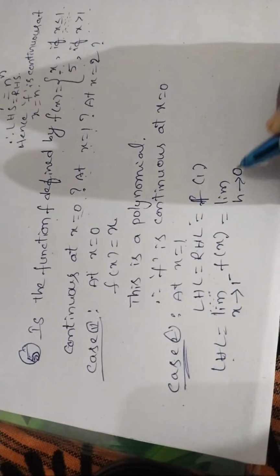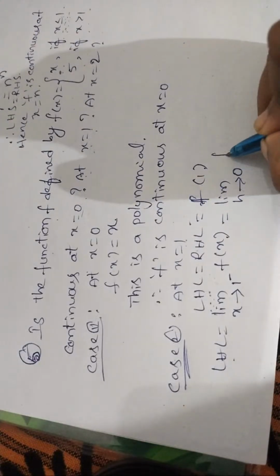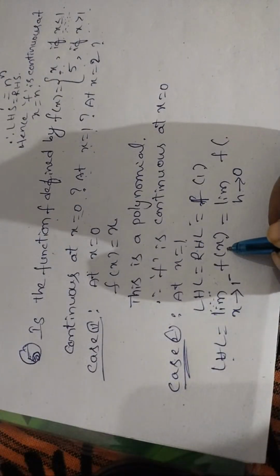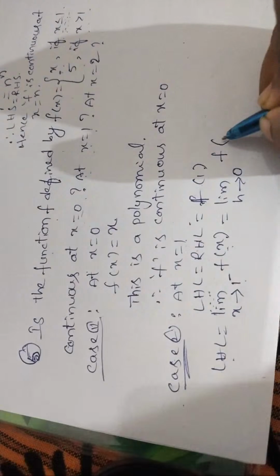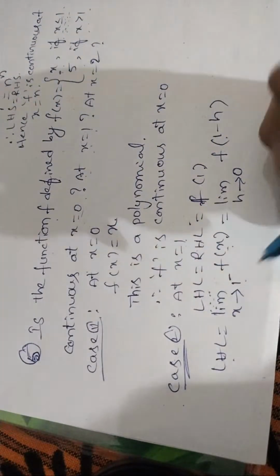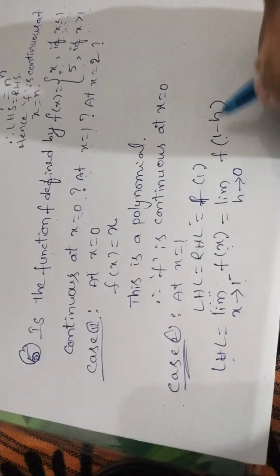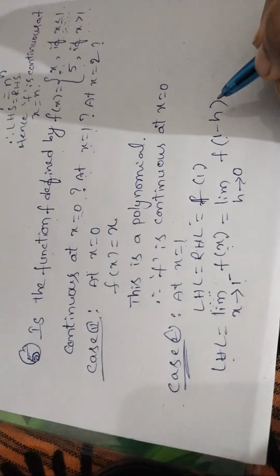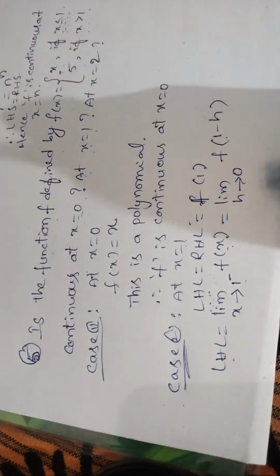So h tends to 0 of f of, now this x is going to be replaced by 1 minus h. 1 minus h means a value before 1. That is LHL. Whatever the value may be, I don't know, but we will take 1 minus h.